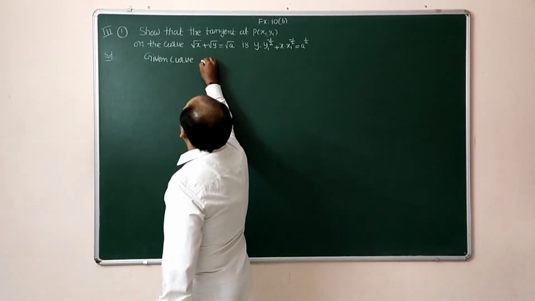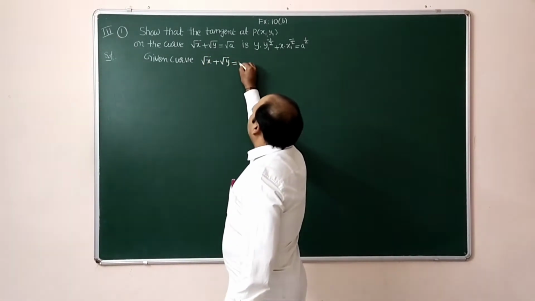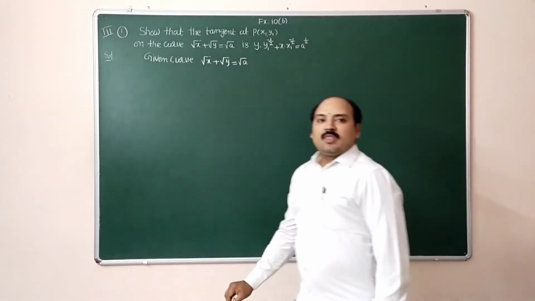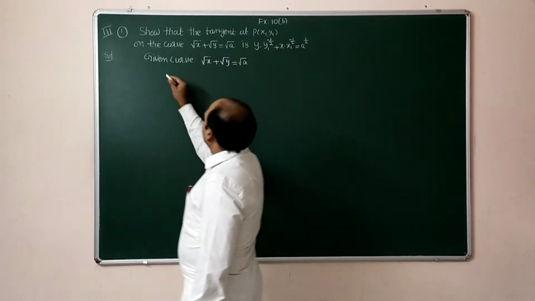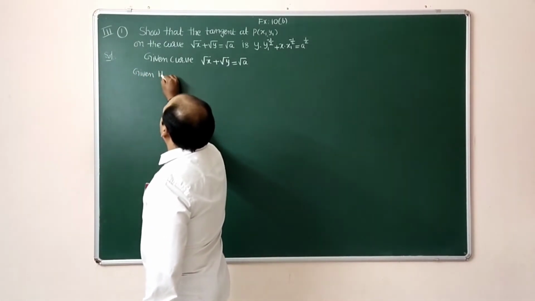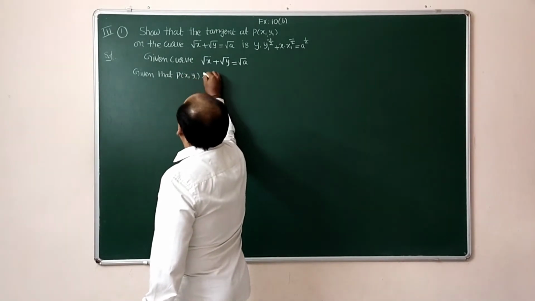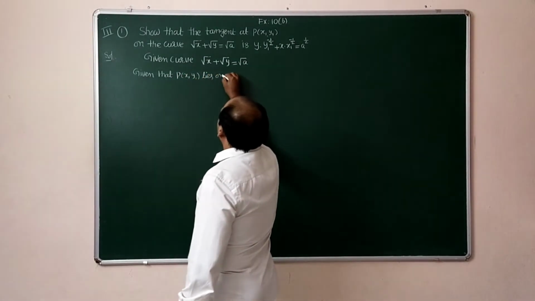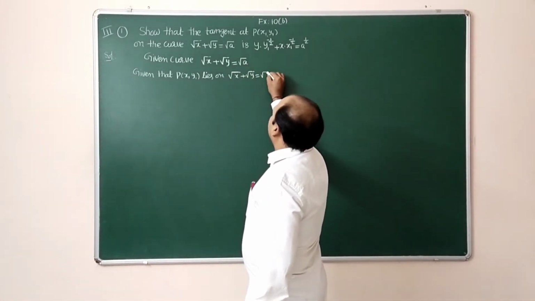Given curve: root x plus root y is equal to root a, and one more point is given. The point lies on the curve. Given that P(x1, y1) lies on root x plus root y equal to root a.